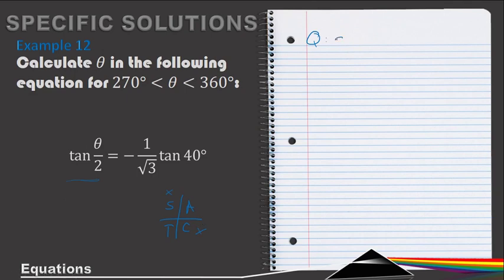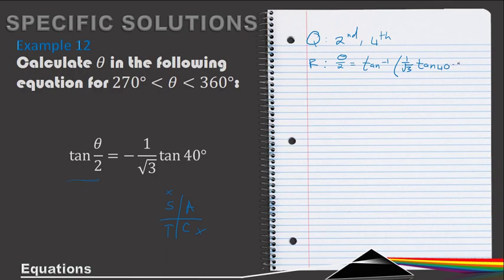So that would be second and fourth. Alright, and then the reference angle. So the reference angle will then be the inverse of tan. So that would be theta over 2, which would be the inverse of tan of 1 over 3 tan 40 degrees.